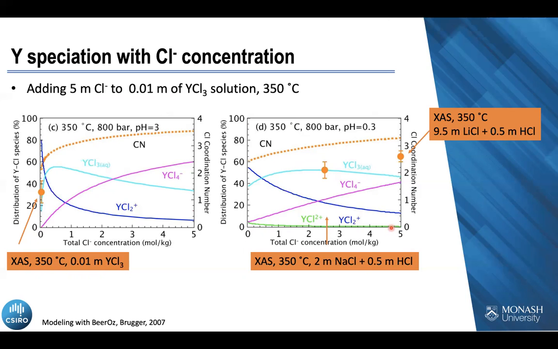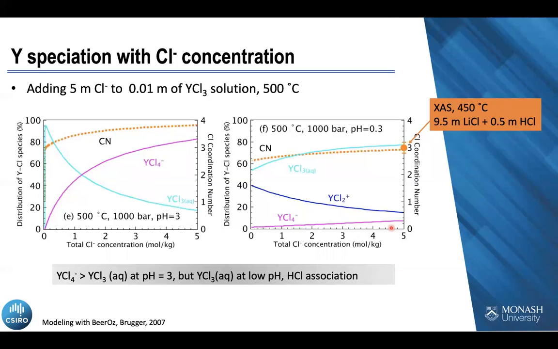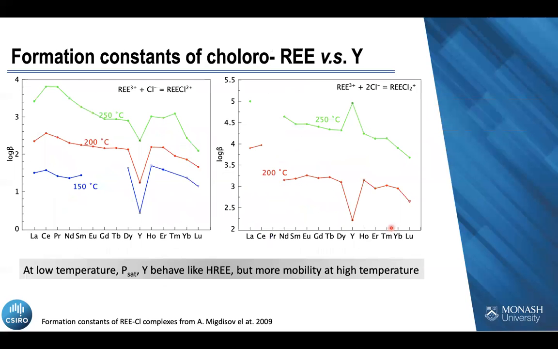But when pH is lower, basically YCl3 is predominant in the solution. And at 500 degrees, when pH is slightly higher, YCl4 is predominant in the solution, but when acidity is lower, it is YCl3. This could be because of the HCl association at high temperature.